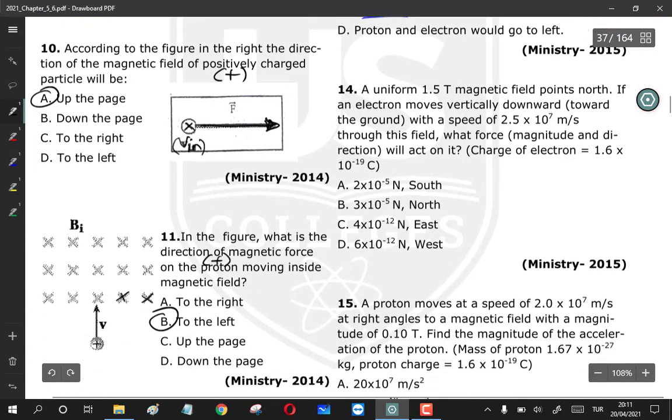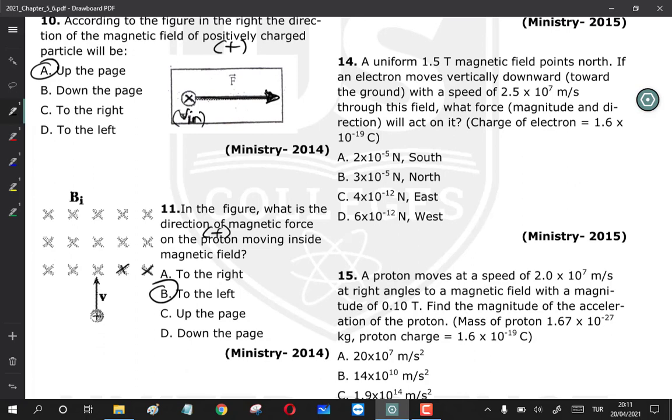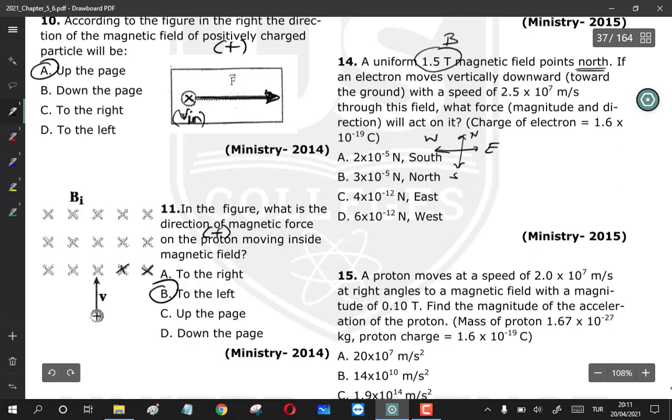Question number 14. A 1.5 Tesla magnetic field, this is B, points north. So directions in this problem will be north, south, east, and west. The magnetic field is to the north.